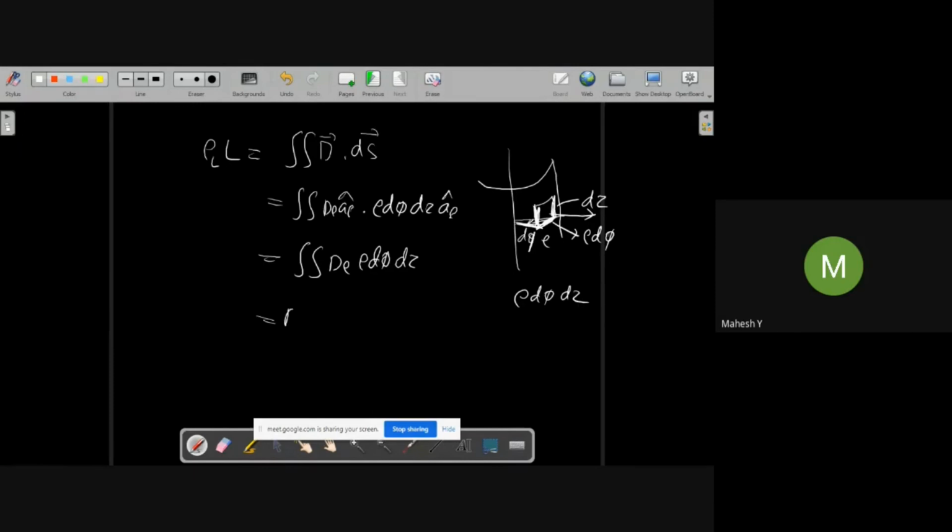So here, if you integrate, D rho and rho are constants which are not in d phi and z, so I can take them outside. So integral 0 to 2 pi and 0 to L: rho L is equal to D rho times rho, integral of d phi dz. So can you integrate?